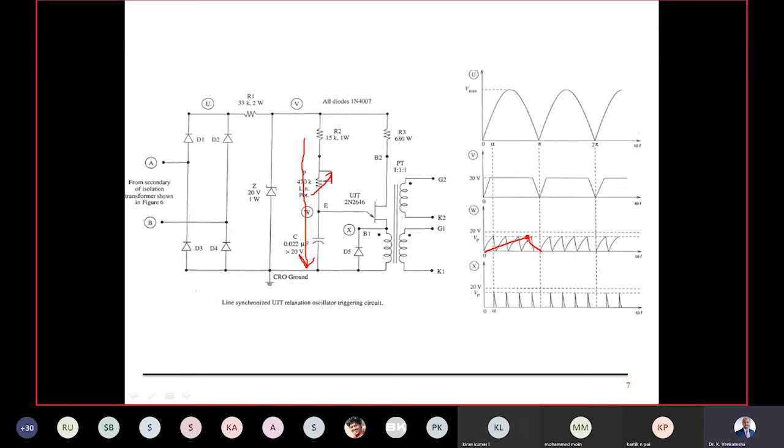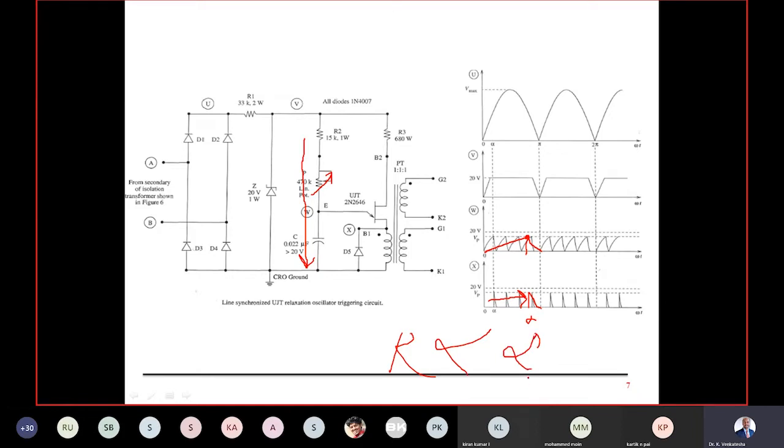At that point, I'll get one small pulse here. So I got a huge delay, because my resistance is huge and the firing angle is increased. The resistance is proportional to the firing angle alpha.